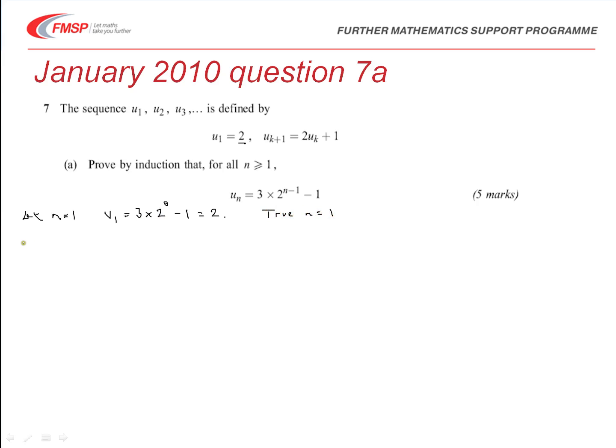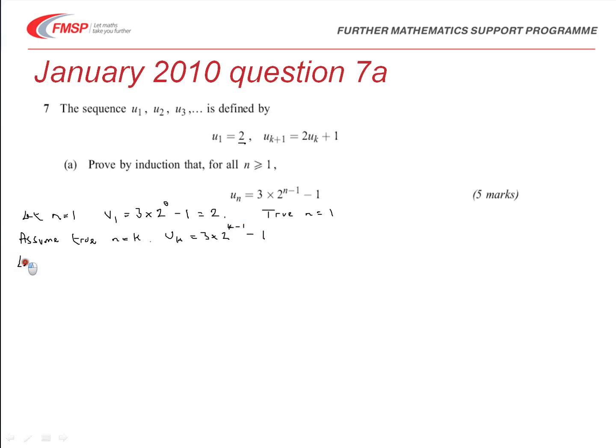So the next part of our inductive process is to assume it is true for n equals k. In other words, what we are saying is that u k is equal to 3 times 2 to the k minus 1, minus 1.